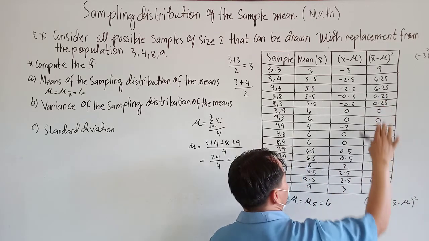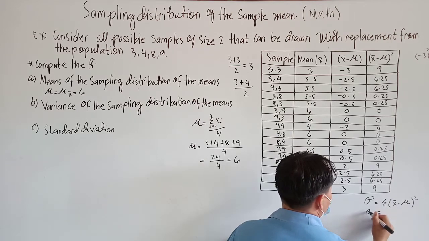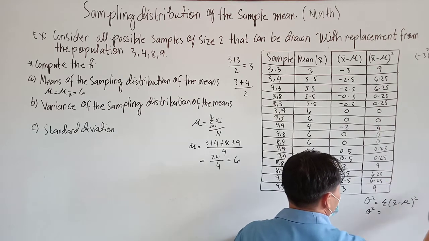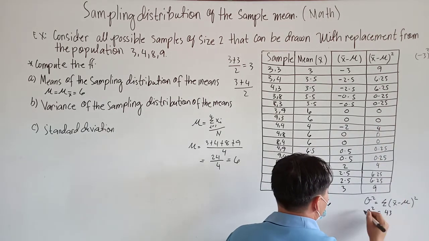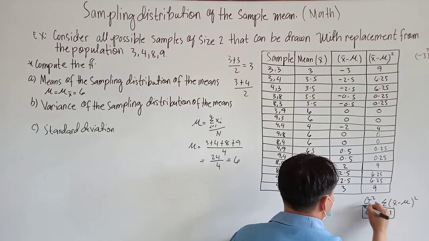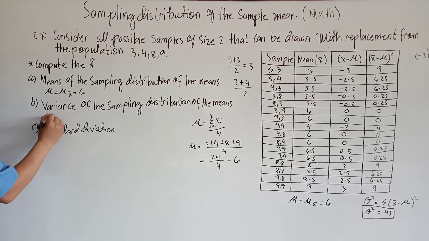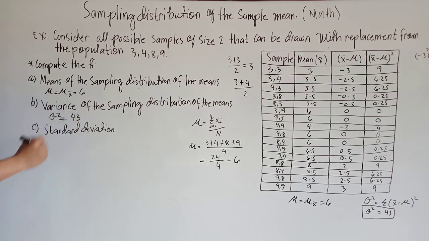So we have to add up all of these. If you add all these quantities, the result would be 43. So our answer for the variance is 43.